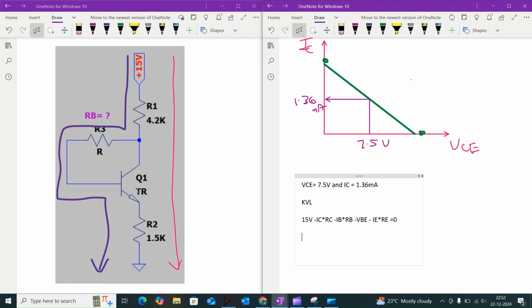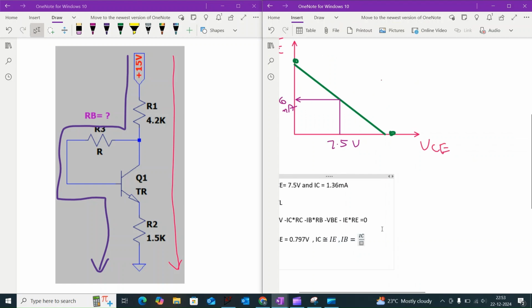By considering this transistor, the voltage across the base to emitter VBE will be equal to 0.797 volt, and also we know that IC is approximately equal to IE, and we can consider base current IB is equal to IC divided by beta.